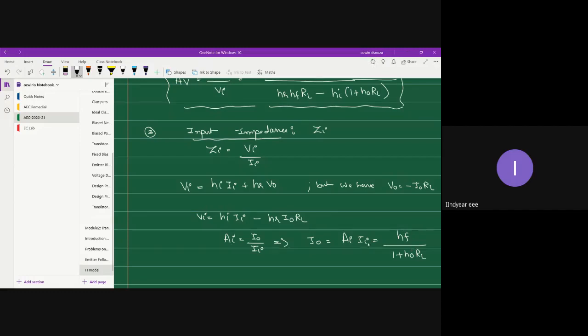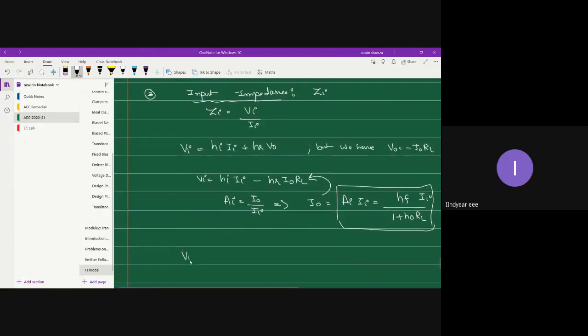So AI times Ii is nothing but HF into Ii divided by 1 plus HO into RL. So let's substitute this I naught in this expression.